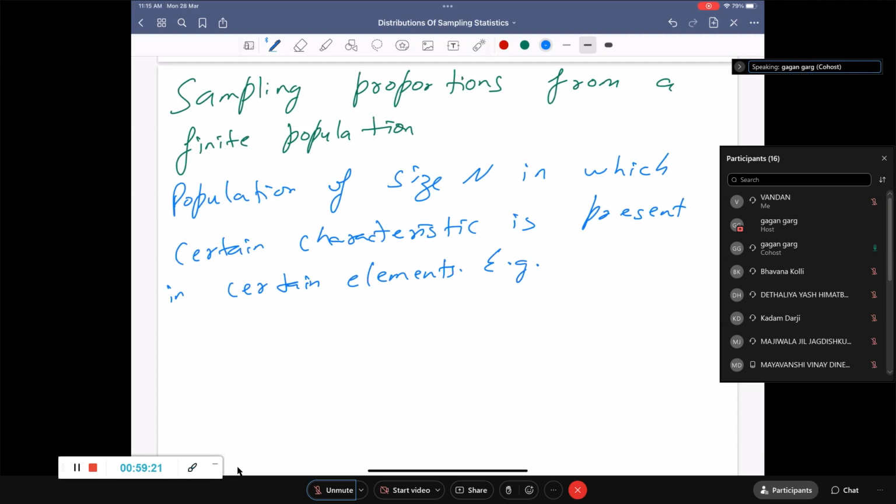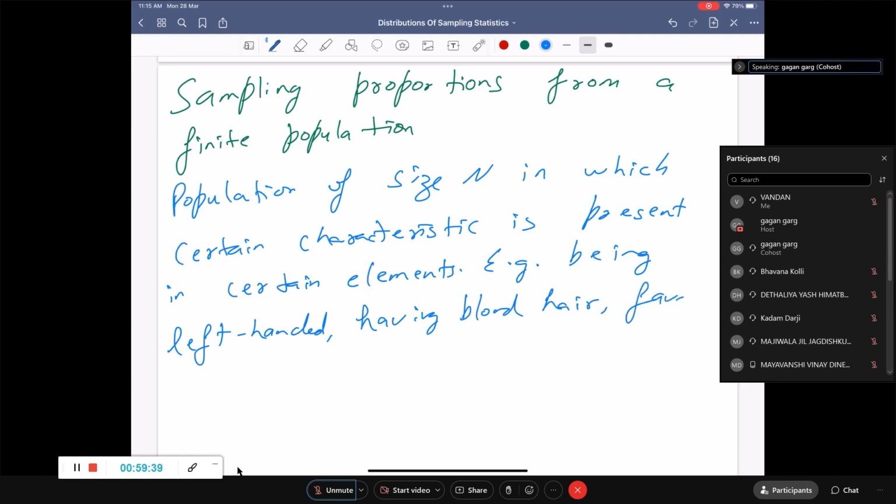For example, being left-handed, having blonde hair, favoring a particular political candidate.